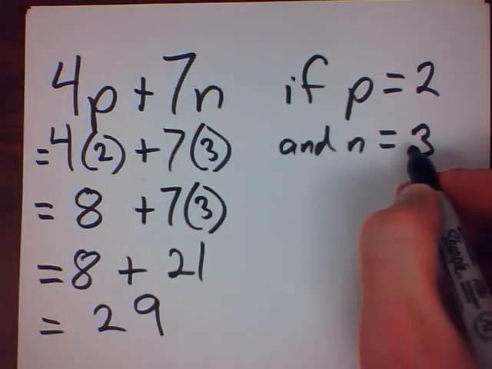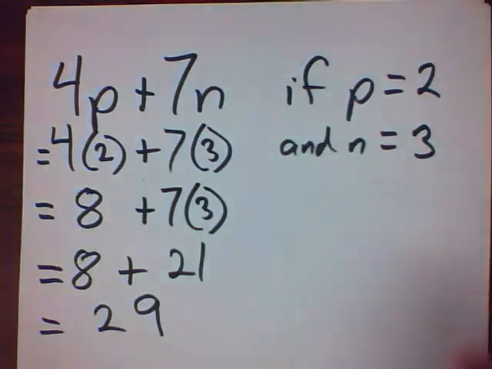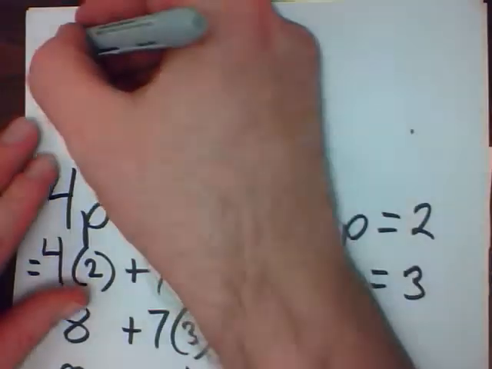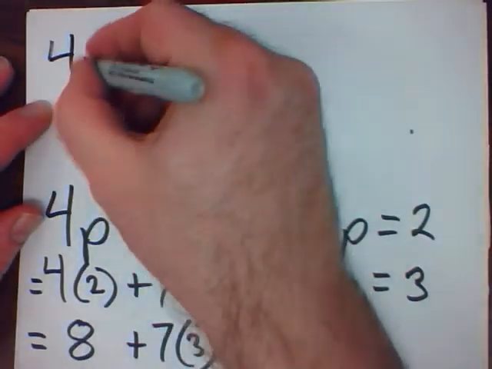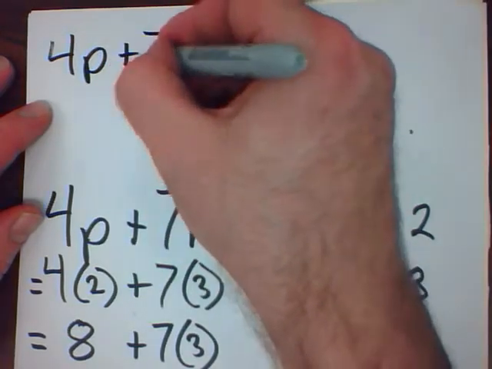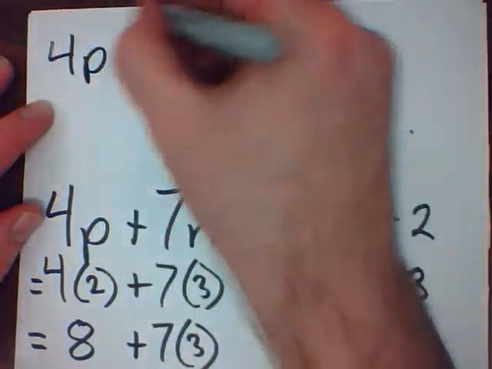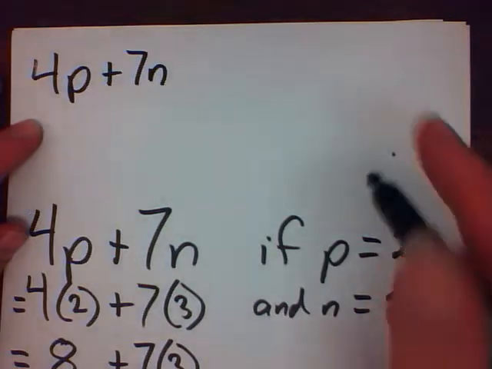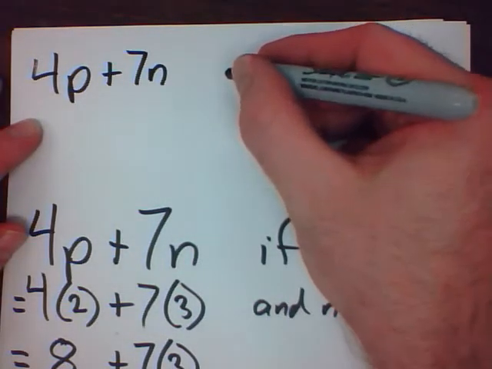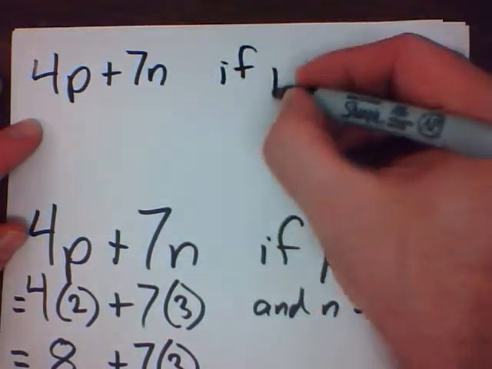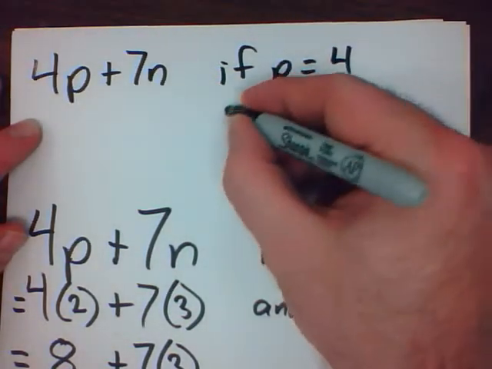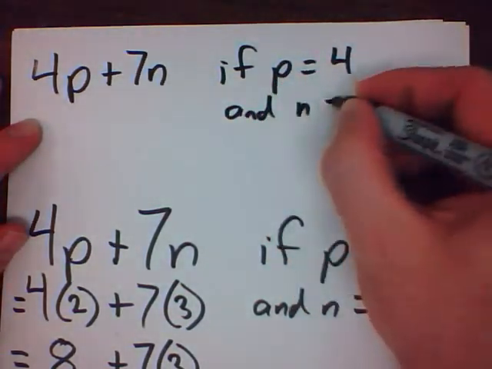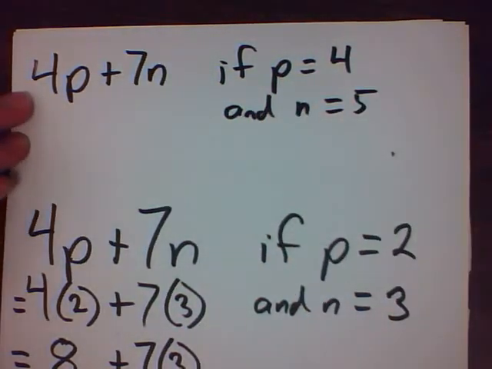However, that might change. What happens if we had the same expression? This is called an expression. But they change the variables. What if p were 4 and n were 5?